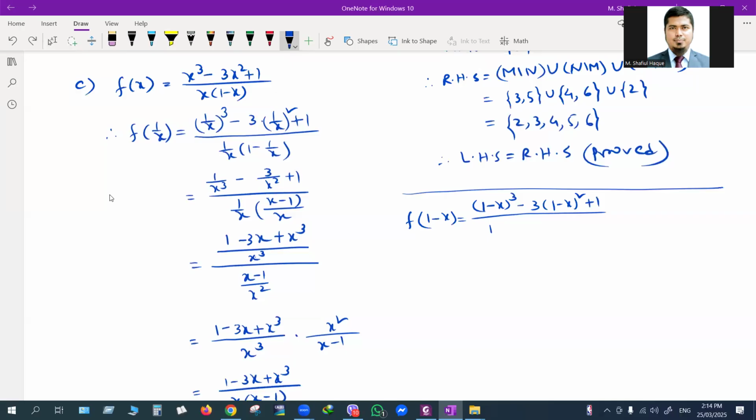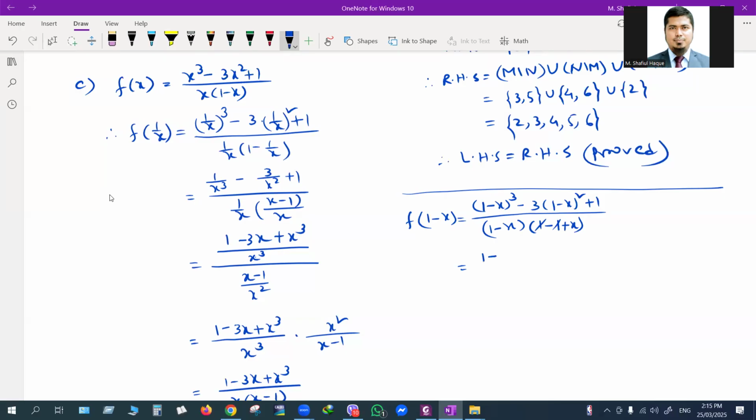In the denominator, the first x will be 1 minus x, and 1 minus x again gives 1 minus minus, that is plus 1, then 1 minus x. So there is a minus, so minus 1 plus x, and plus 1 minus 1 will be cancelled.